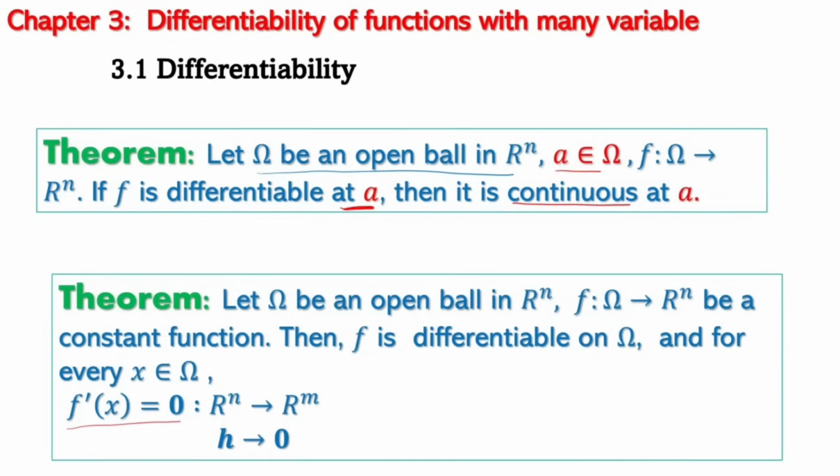That means h from Rn goes to 0 of Rm. So to be specific, 0 of Rn goes to 0 of Rm when f is a constant function.